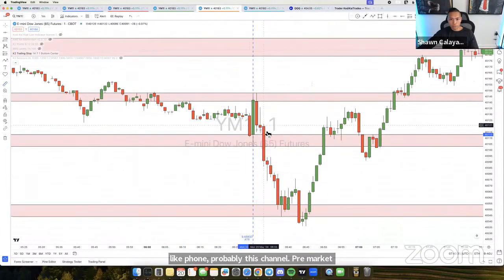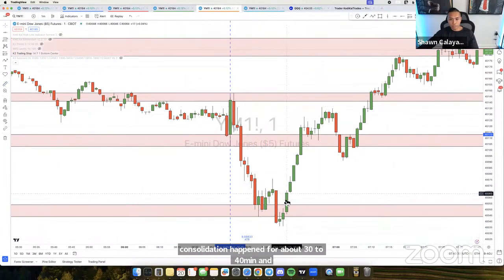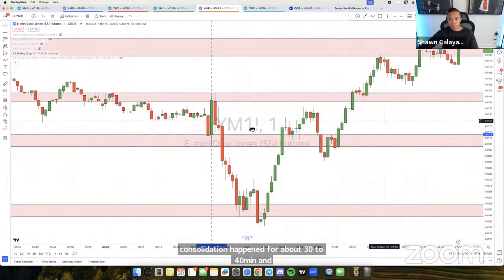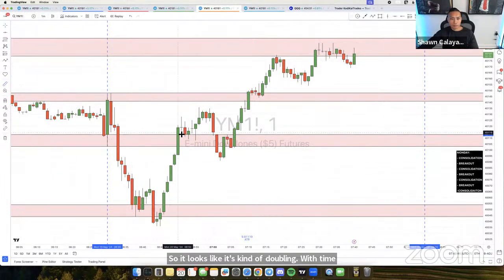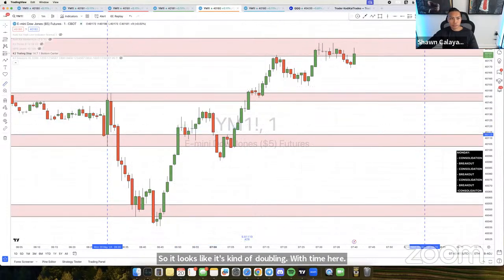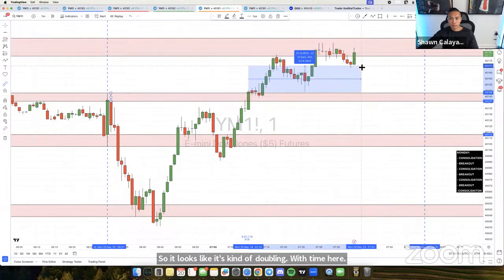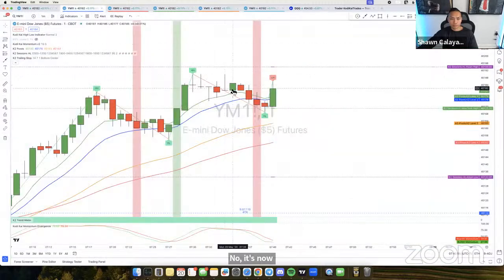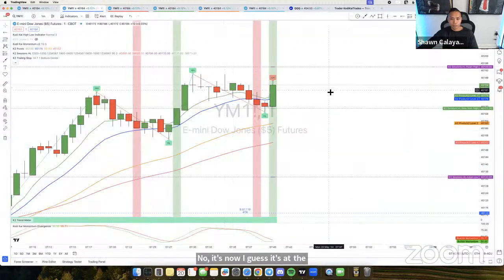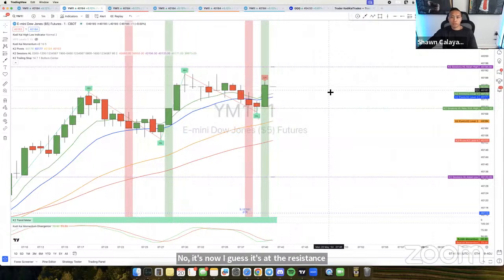It broke below, consolidated for about 5 minutes, broke below, 10 minutes, broke above, 20 minutes. So it looks like it's kind of doubling with time here, because it went from 20, now this is 30. Now again it's at the resistance. There's not really too much going on here, so we might get this entry later towards the session.